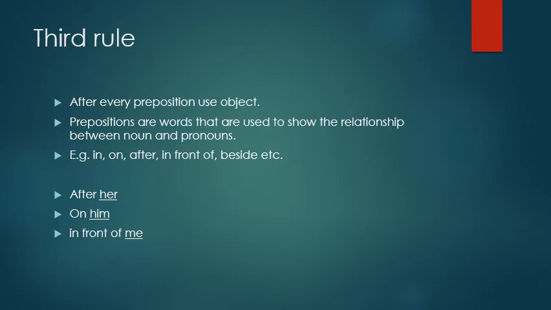We've got simple prepositions, and we've got complex prepositions like in front of, which means there is more than one word in form. Now we have after her, on him, in front of me, which means after every preposition, use the object form of the pronoun. And I believe you can recite the object forms of the pronouns now.